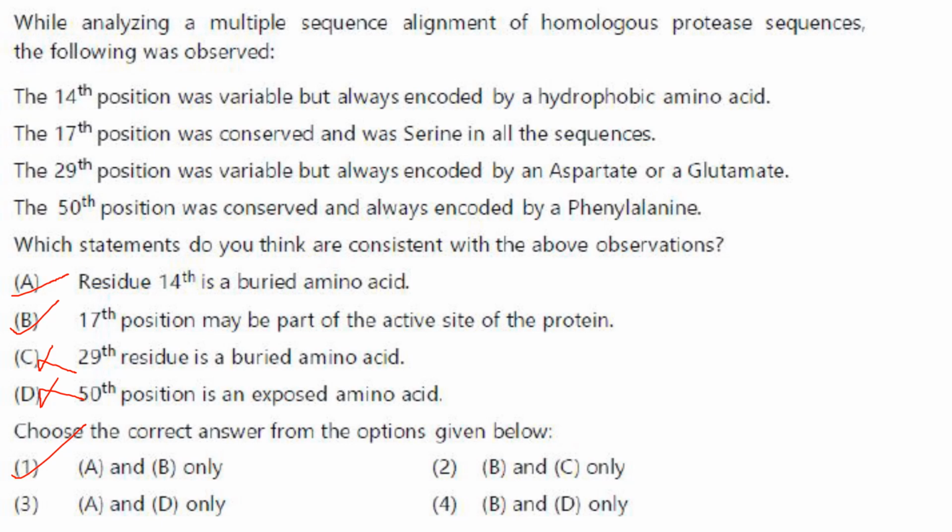The 17th position was conserved and was serine in all the homologous sequences. The 29th position was variable but always encoded by an aspartate or a glutamate. The 50th position was conserved and always encoded by a phenylalanine. Which statements are consistent with the above observation?